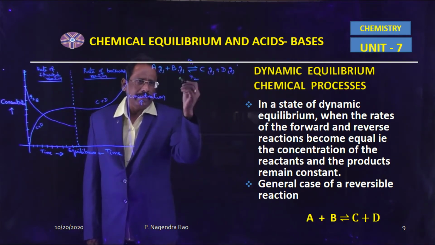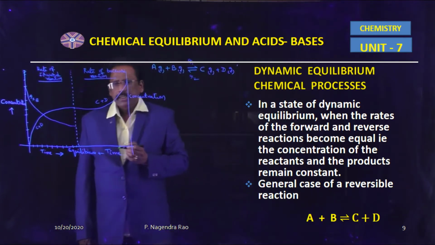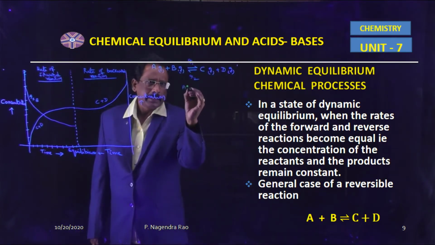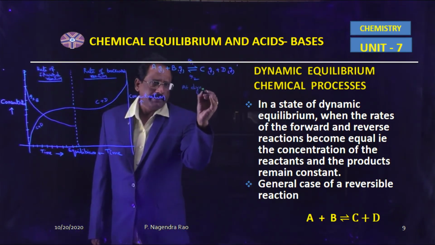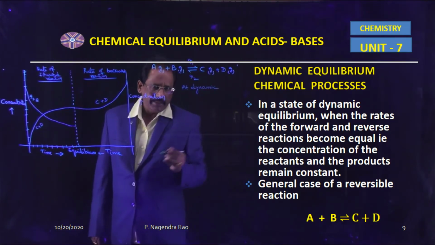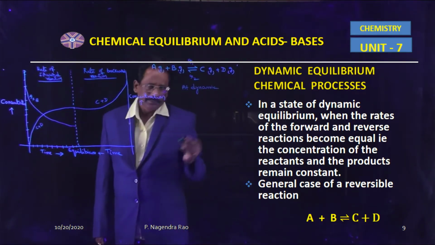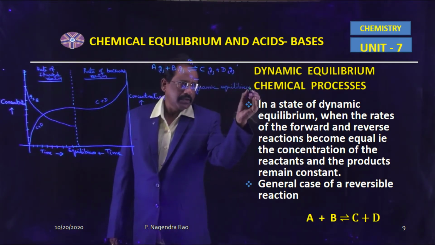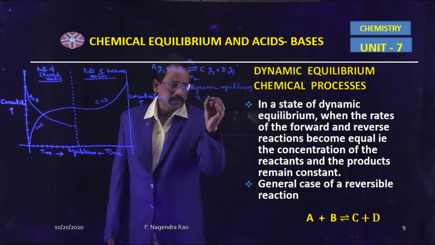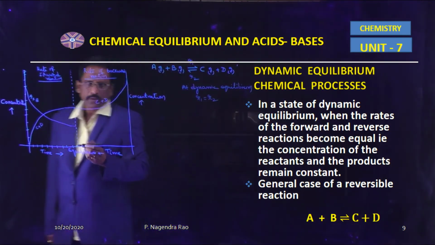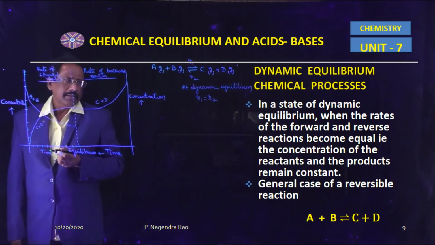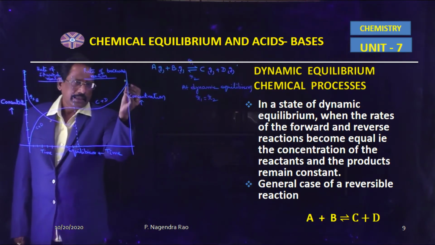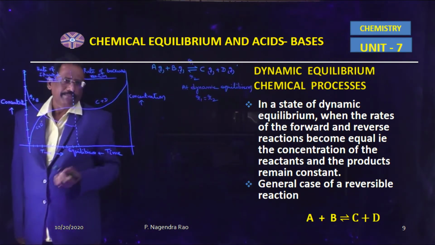Forward reaction and backward reaction take place simultaneously. So at dynamic equilibrium, R1 is equal to R2. So in the backward reaction, the concentration of C and D decreases with respect to time.